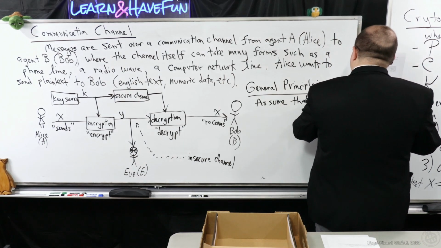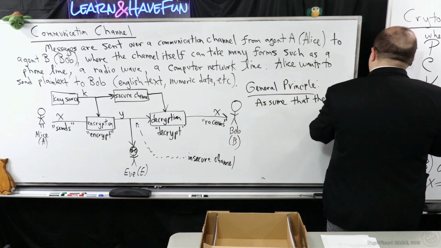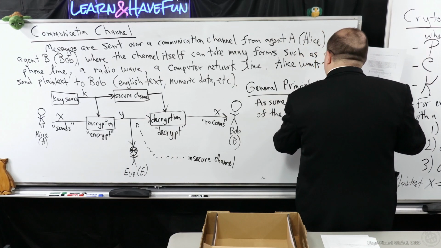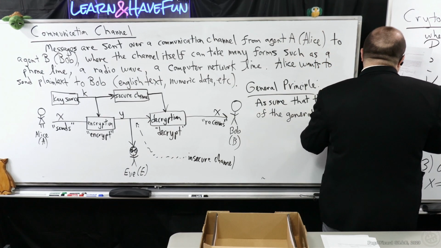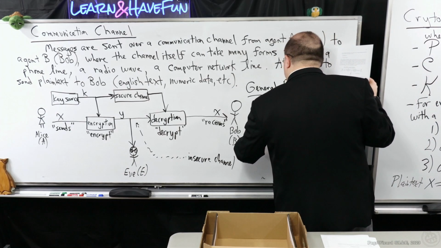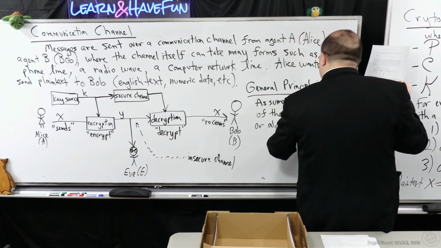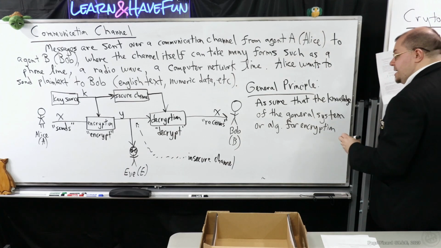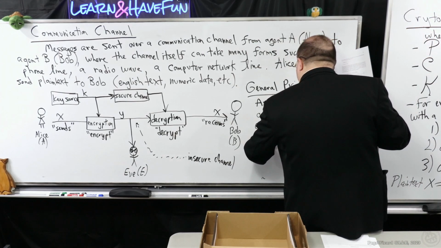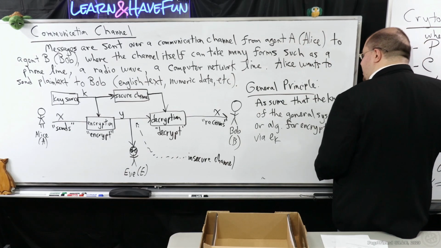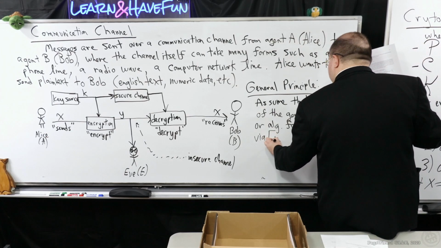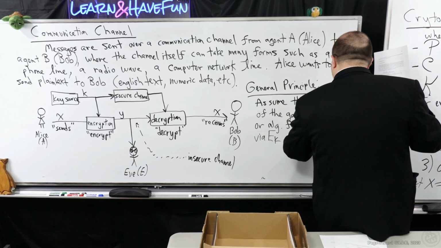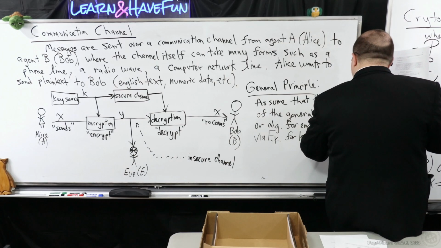that the knowledge of the general system or algorithm for encryption via E_K, or say if we're talking about like one individual symbol or perhaps the entire message, say for example, if we consider just more broadly like this, for key K is known to Eve.